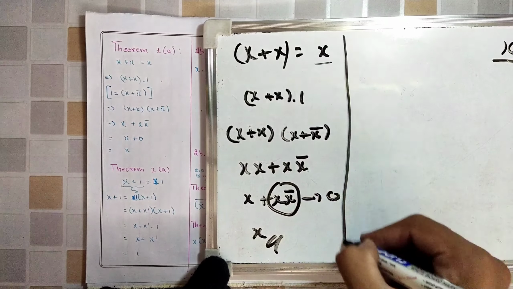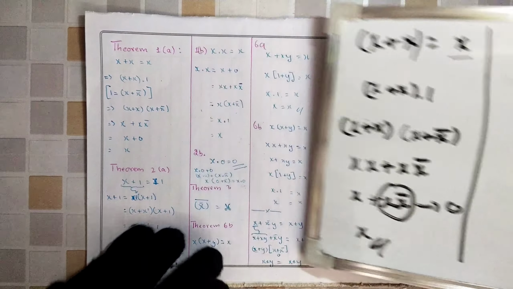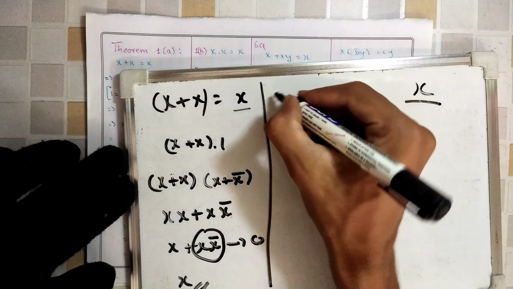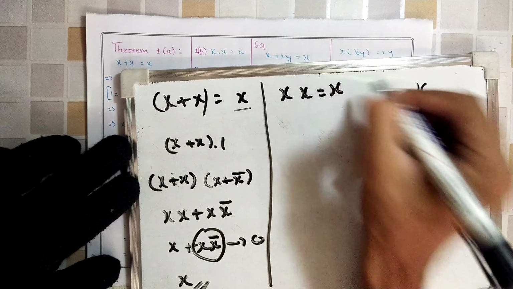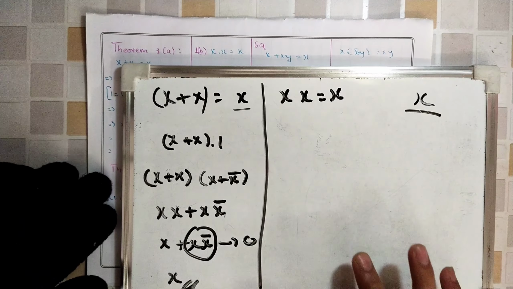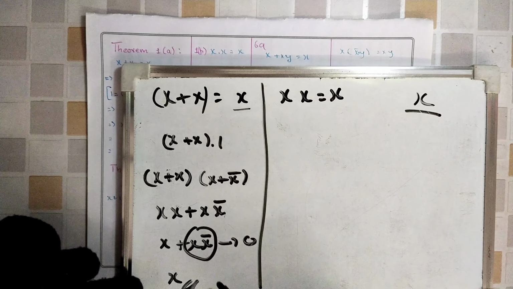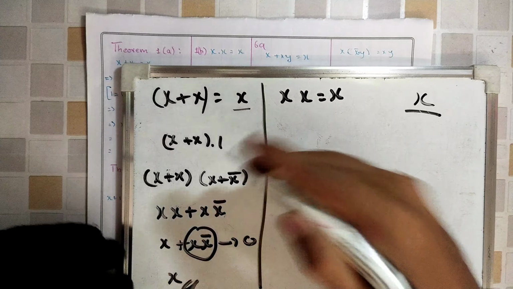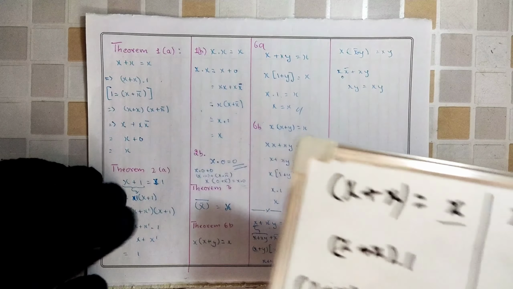Now coming to the second part, b: x into x equals x. It's very simple, just follow a few things from here and you can write it.